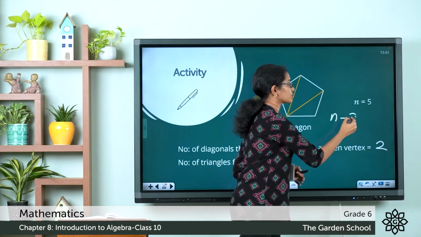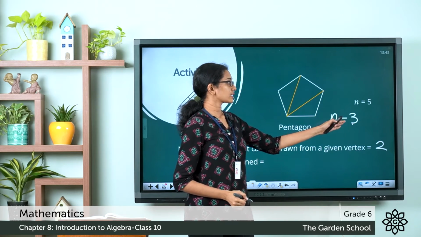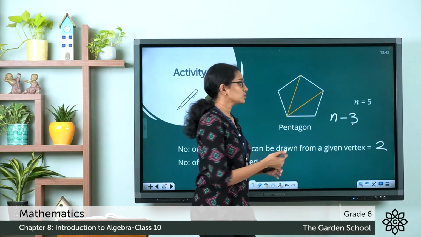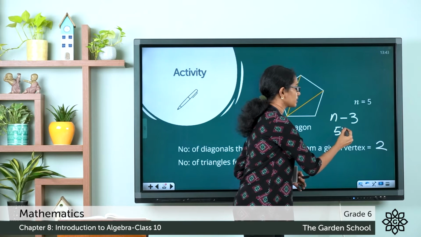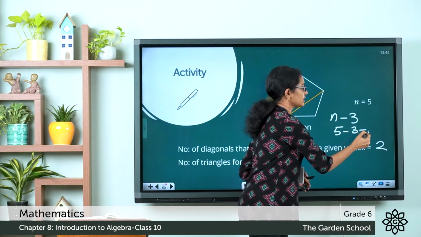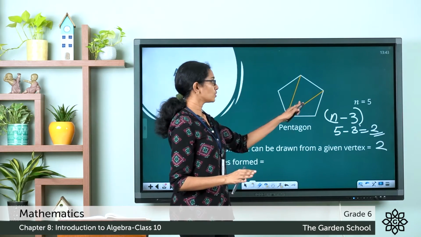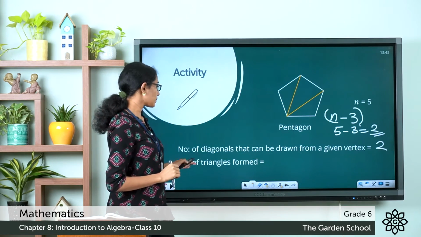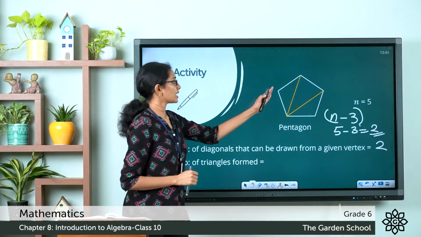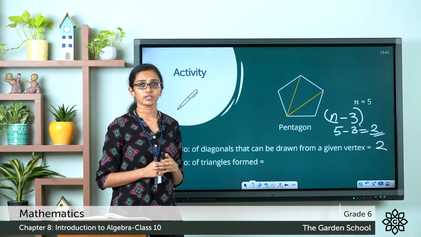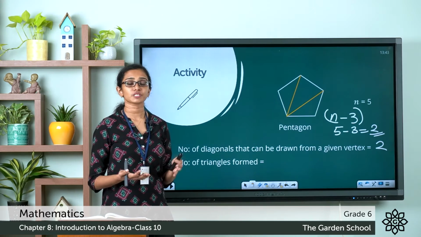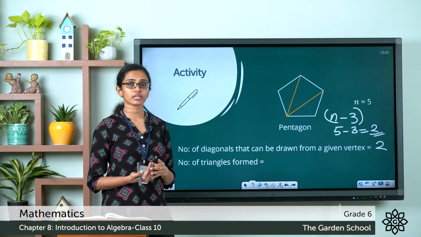Let's see if this holds true. n minus 3, n is equal to 5. So n minus 3 becomes 5 minus 3, which is equal to 2. So this expression holds true for a pentagon. Now what about the number of triangles formed? There are 1, 2, 3 triangles formed here. What was the expression we got to find the number of triangles formed?